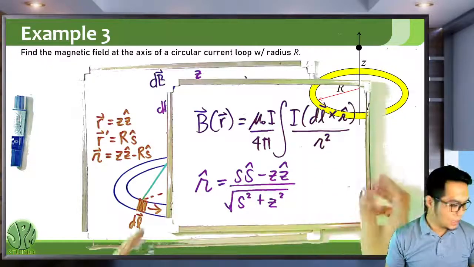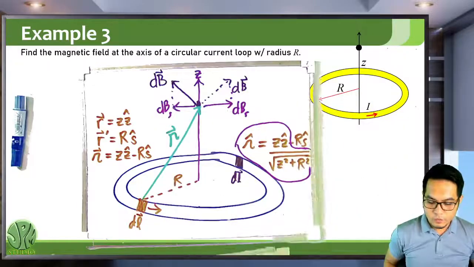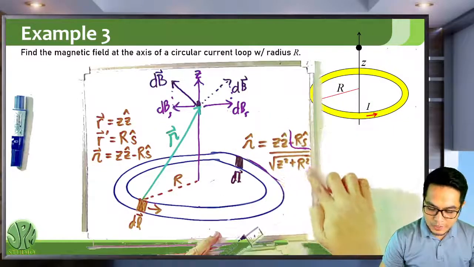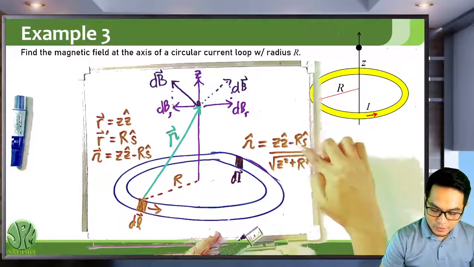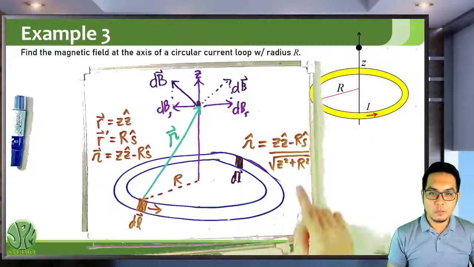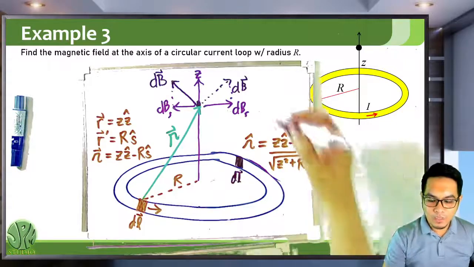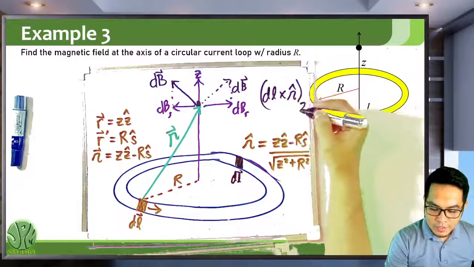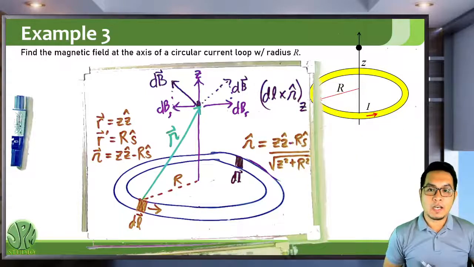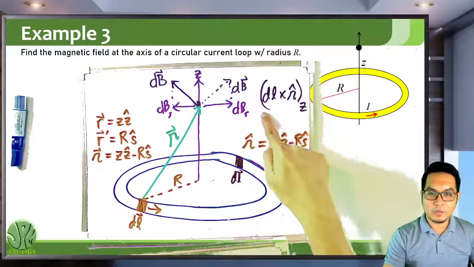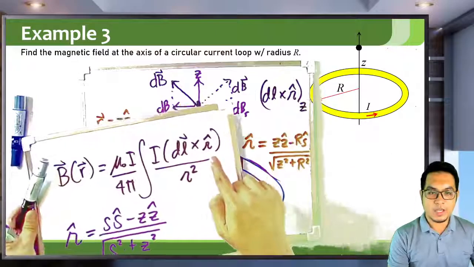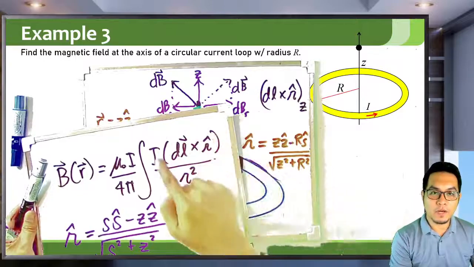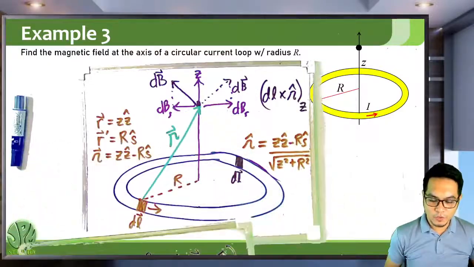No, I'm sorry, not this component, but the z component of the dl cross r hat. So we'll still use this r hat, but only the z component of dl cross r hat will contribute. Only the z component of this cross product will actually have a contribution.